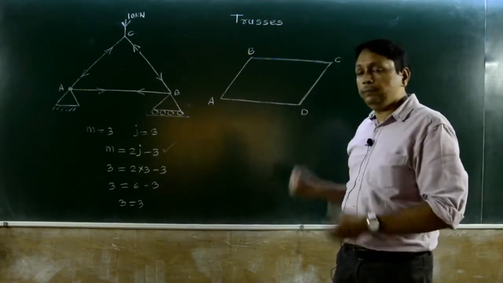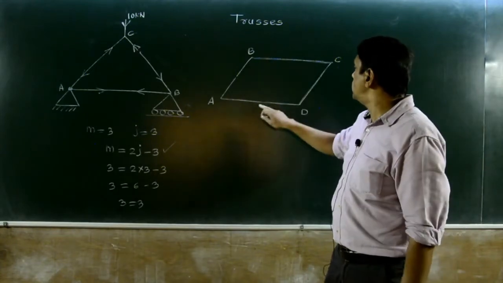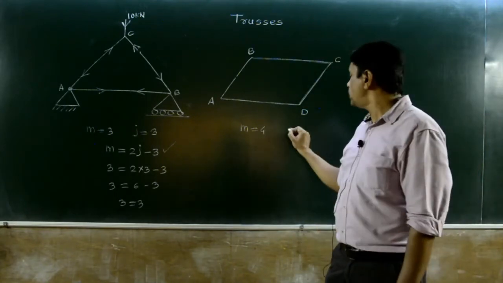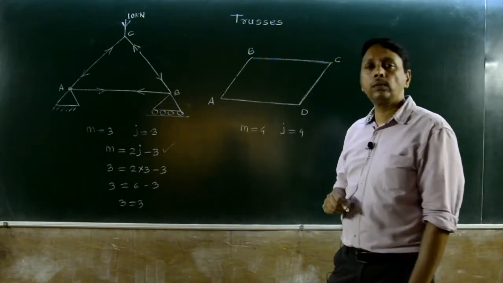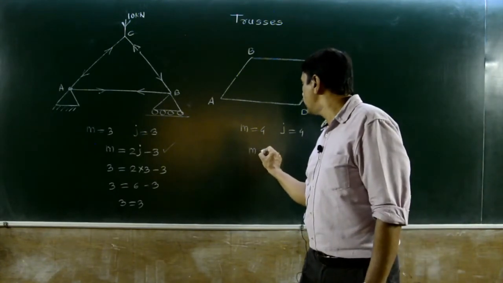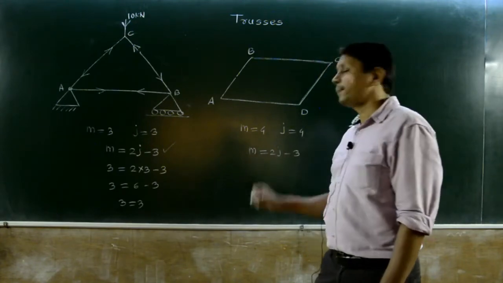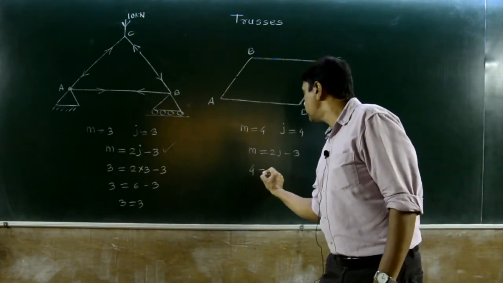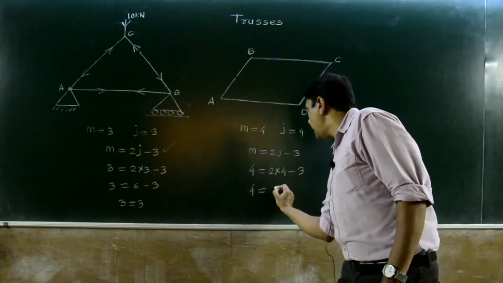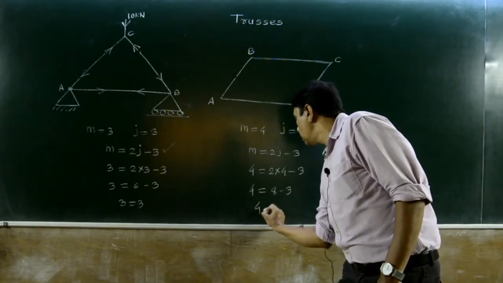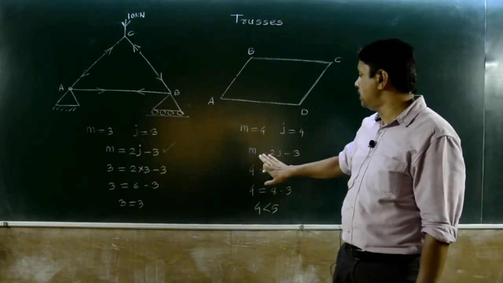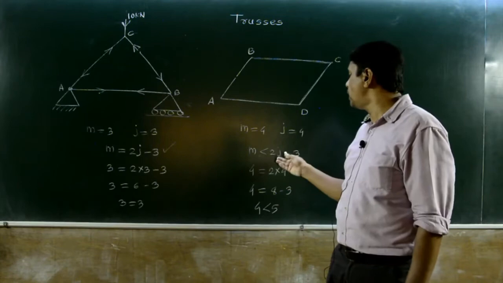Let's check this truss. In this, 1, 2, 3, 4 members are there, and joints also 4. Let's put it in the relation M equal to 2J minus 3. There are 4 members. Joints 4, so 4 2s are 8, minus 3 is 5. So for this truss, the relation is M less than 2J minus 3.